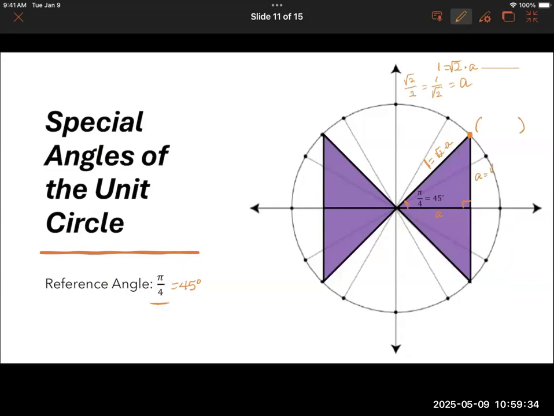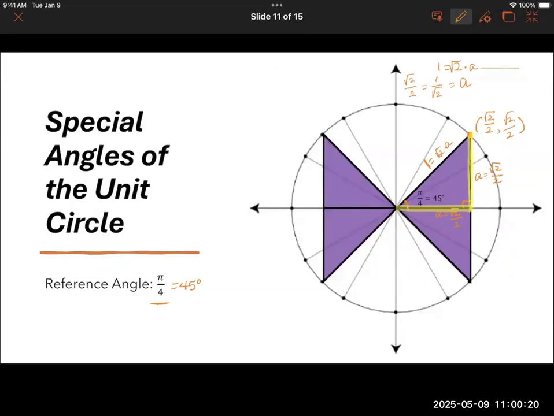So both this side and this side become root 2 over 2, which means that my distance from the origin out horizontally was root 2 over 2 units, and my distance up to the point was also root 2 over 2. And so that would be my coordinates for that point.